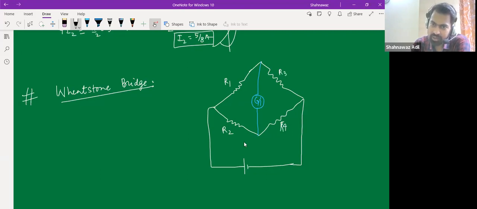And the current is flowing in this direction. Let's say some current I is flowing, and this is I1, and this is I2.